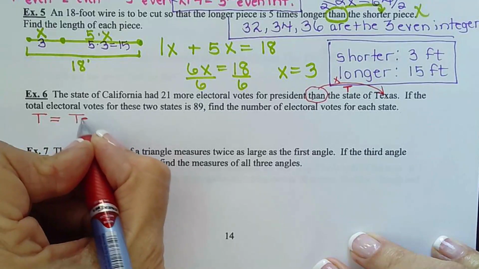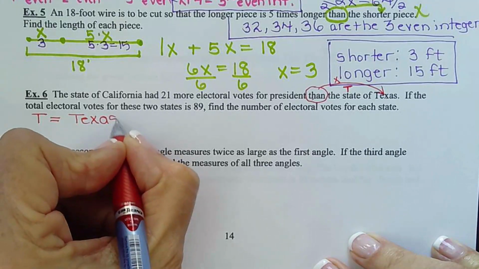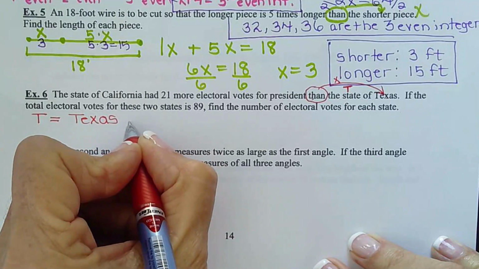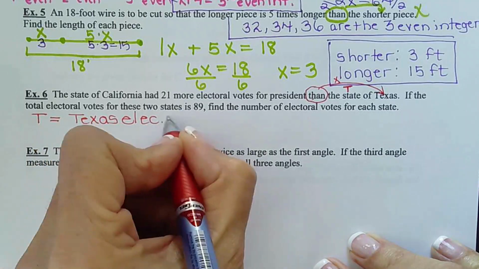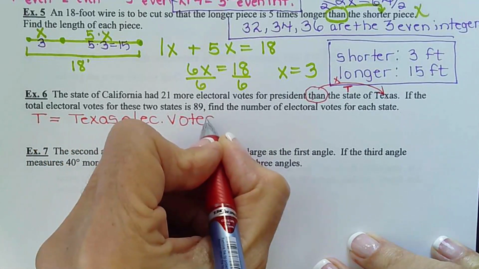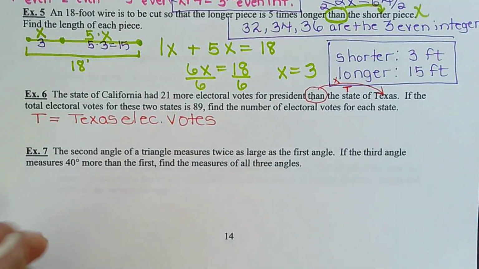So Texas electoral votes. I should have said number, but oh well. Electoral votes. I'm just trying to shorten it a little bit since we don't have very much room there.